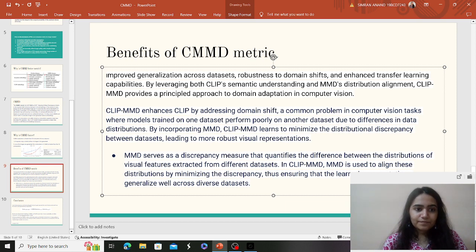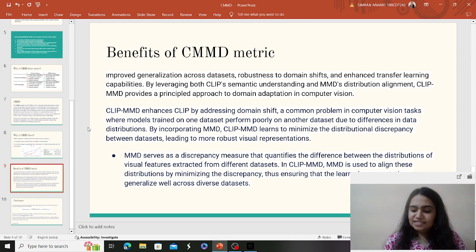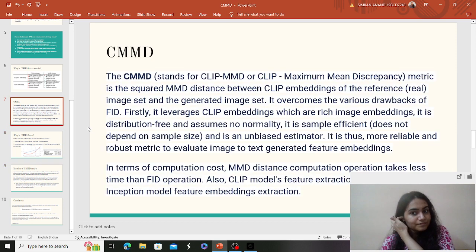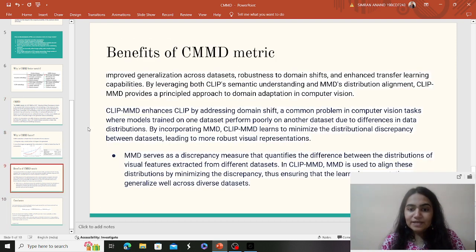Isn't it very helpful? Because when we have data sets, we have two different domains, right? And when you're trying to make some evaluation, it's trying to minimize the distributional discrepancy. So the discrepancy, or the distance, the difference between the domains will be lessened.